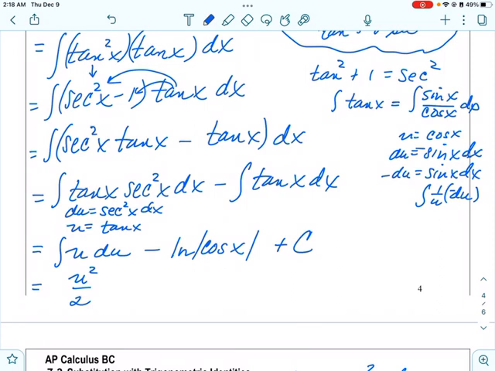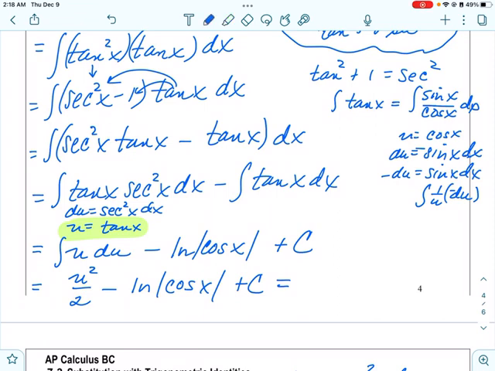So I have ln of the absolute value of cosine x plus c. I'm going to take one more step. I've got to put my u back. I didn't bother using the u sub with this tangent because I thought I've already got a u sub going on the other side, and it's easy enough that the integral of tangent x is just ln of cosine x. So now I'm going to back substitute my u.